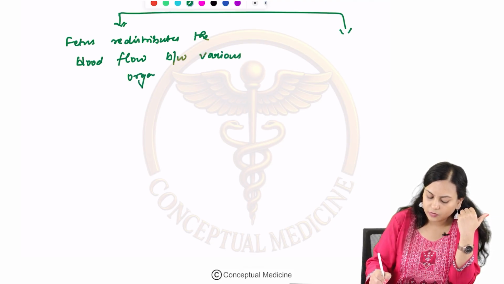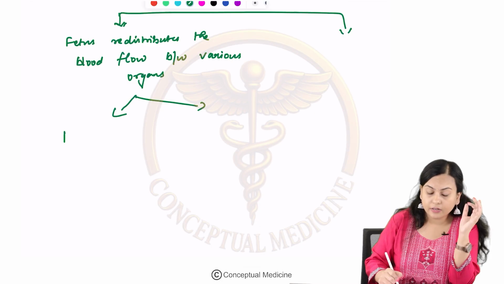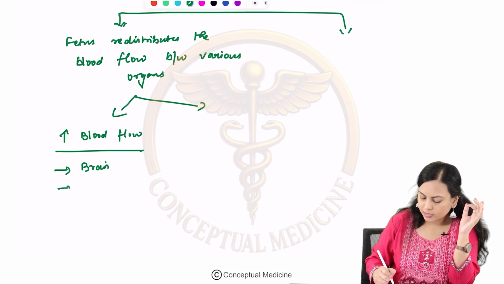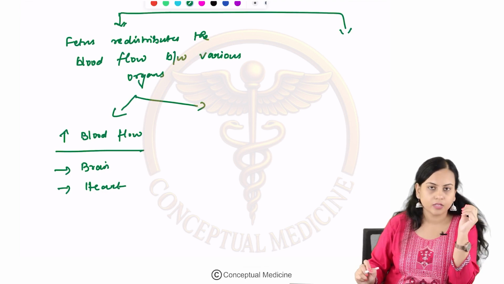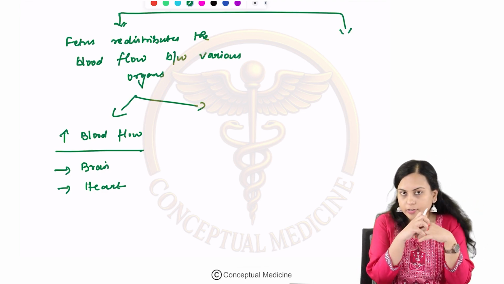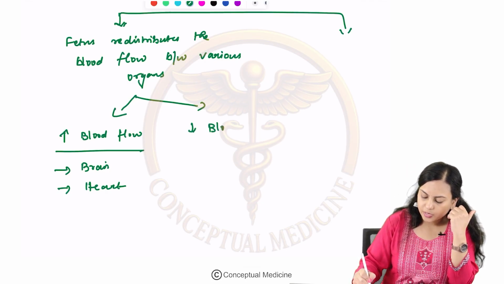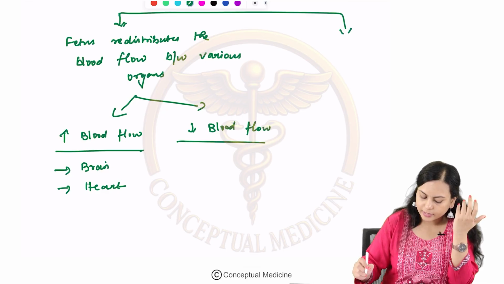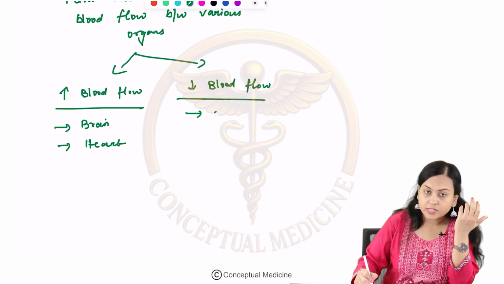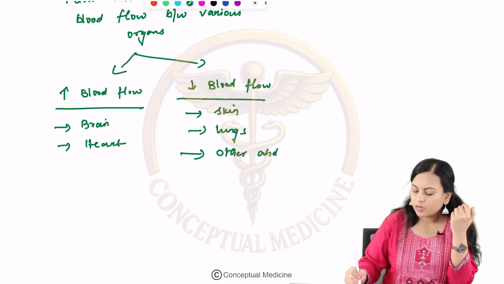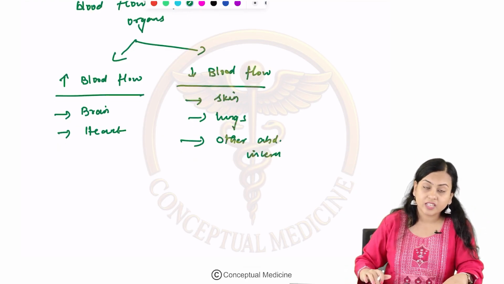There is increased blood flow to the brain and the heart, so the important organs are conserved, whereas there is reduced blood flow in the remaining organs, like the skin, the lungs, the other abdominal viscera, and also the kidneys.